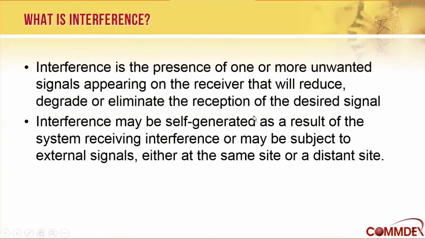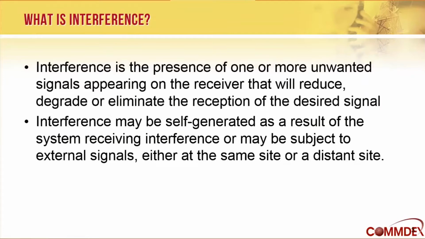So let's define interference. What is it? It's defined as the presence of one or more unwanted signals appearing on your receiver that will reduce, degrade, or eliminate the reception of the desired signal. So you're trying to hear one thing and you're hearing something else instead.